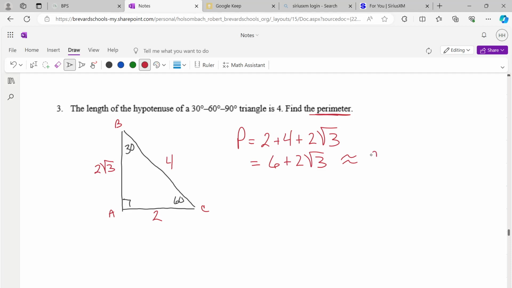We get 9.5. All right, so this would be in simplest radical form. This would be in decimal form, rounded to the nearest tenth.